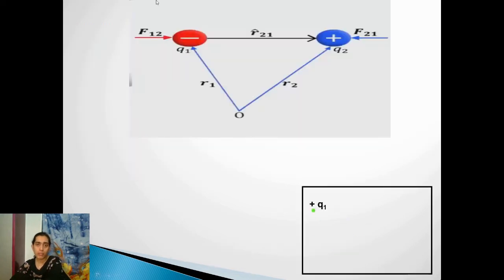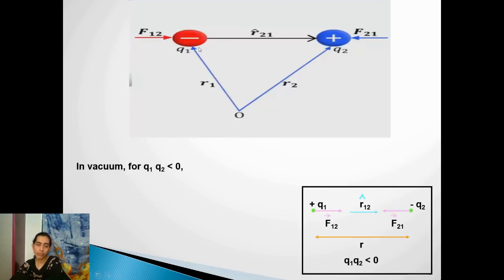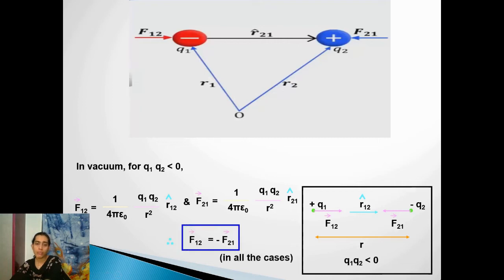Say suppose we have considered charges of different types, a negative charge and a positive charge. In that case, what will be Coulomb's law in vector form? Again, the force exerted on the charge 1 due to the charge 2 will be given by vector F12 is equal to 1 by 4 pi epsilon naught Q1 Q2 divided by R square R12 cap. Here R12 cap represents what?